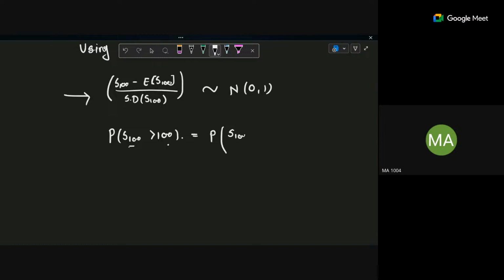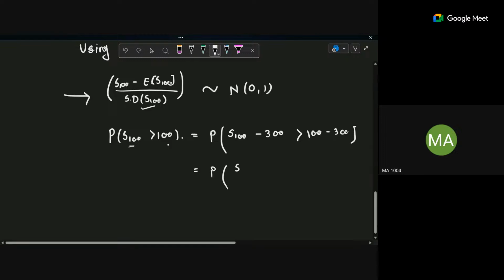So I will get S100 minus 300 is greater than 100 minus 300. Again, I will divide by the standard deviation, which is 30. So this is 100 minus 300 divided by 30.